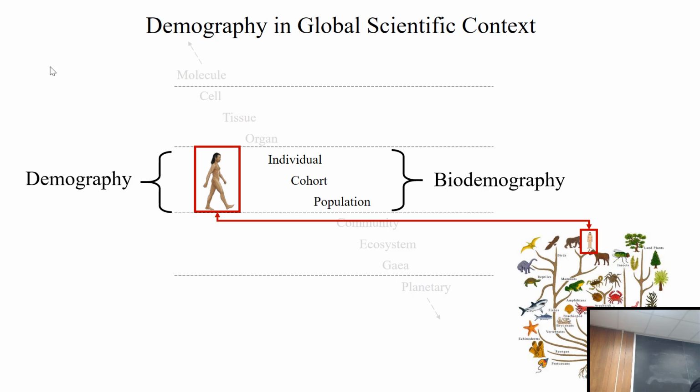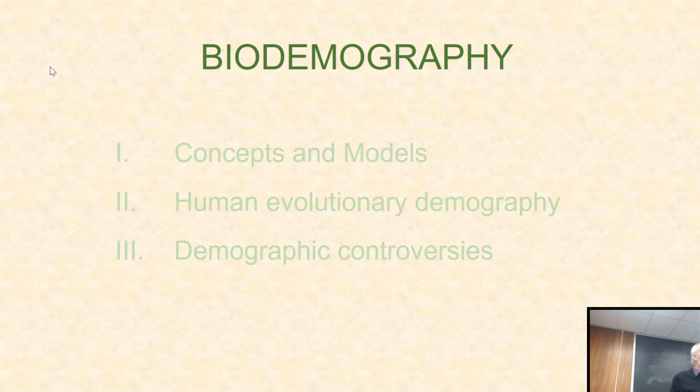When you extend to biodemography, you put humans, and by the way, the Demography Center here studies primarily humans, into the context of the tree of life. And that's where biodemography comes in, so that all animals and plants have populations, individuals, and so forth. We're taking these same basic principles and applying them and deriving new ones from biology writ large. So that's the context for this.